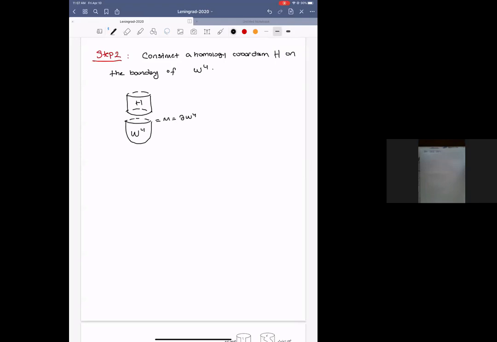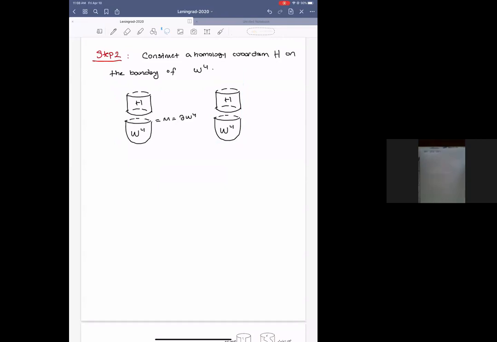Okay, so the claim is this particular homology cobordism has some nice properties that makes these two four-manifolds absolutely exotic copies of each other.